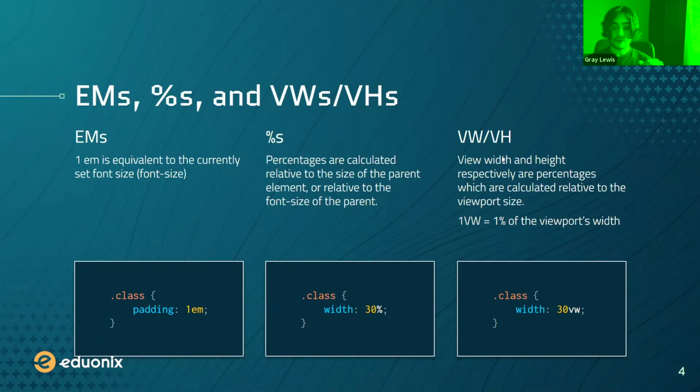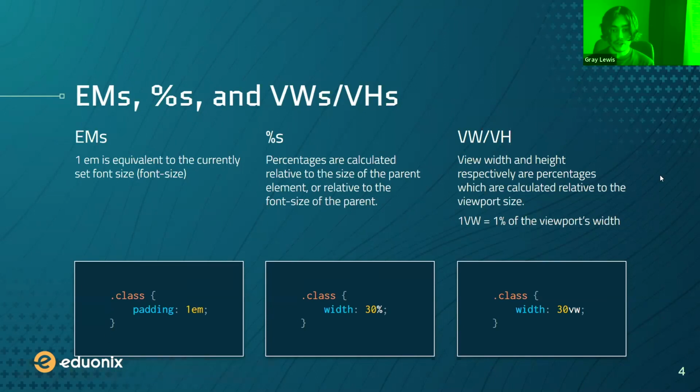And then when we go to view width and view height, as I said before, and I'm happy to try to give a clear definition if it's a bit unclear what the viewport is. But a viewport width is 1% of the viewport's width. So here we can imagine this screen as my viewport.